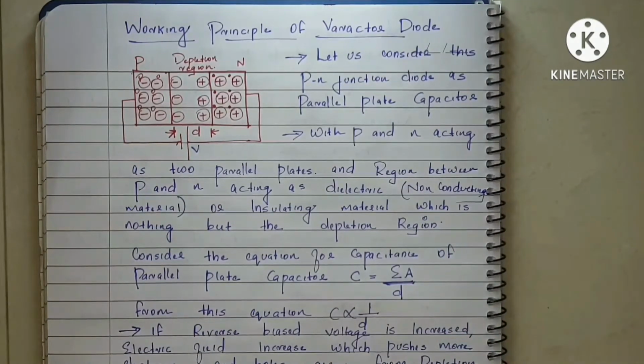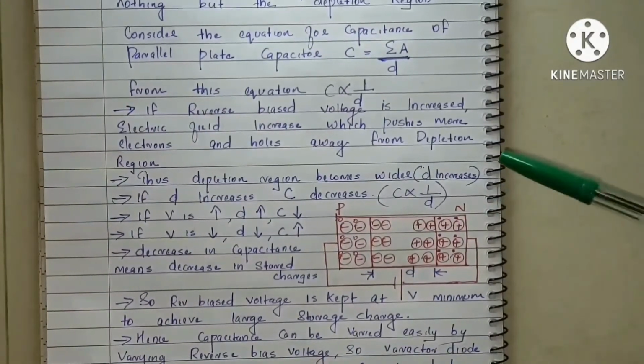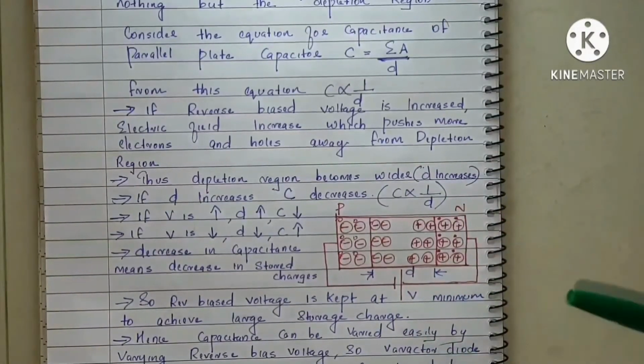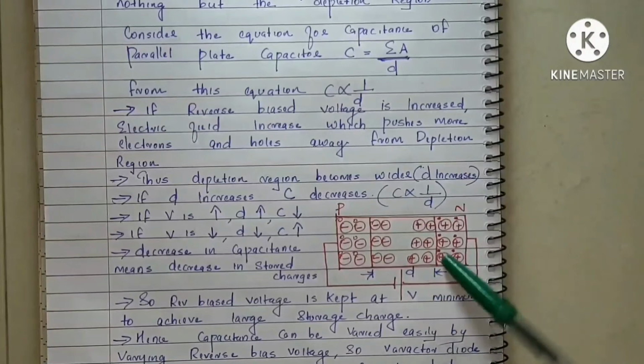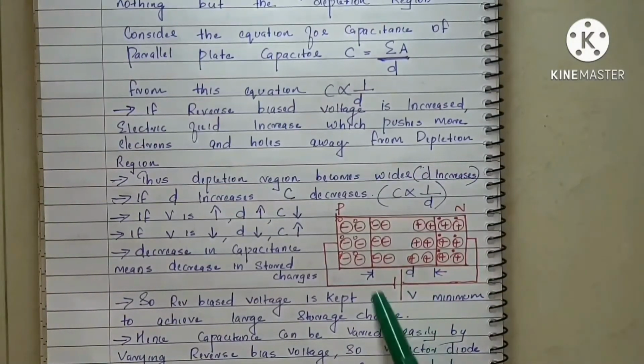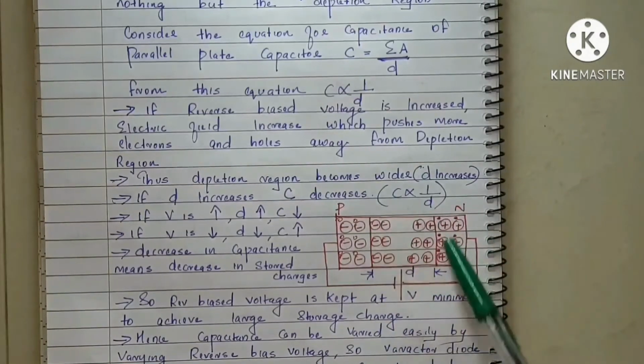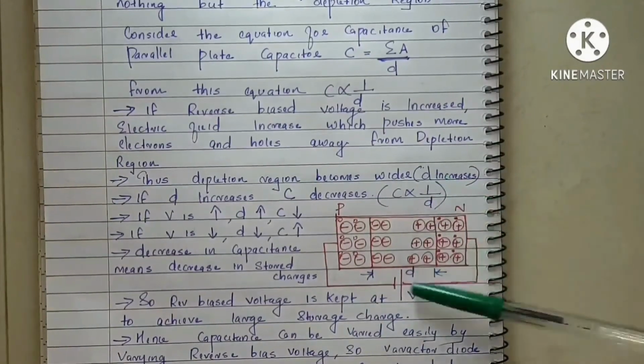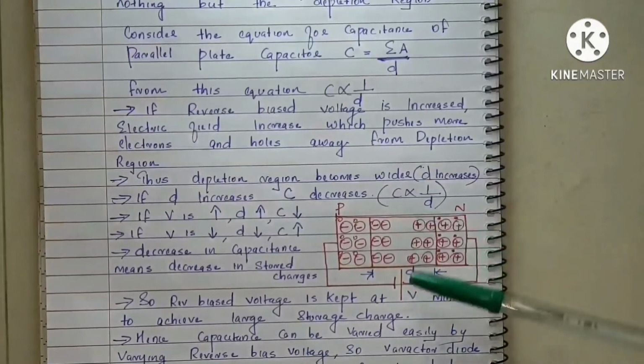between the parallel plates. We already discussed about the working principle of PN junction diode under reverse bias condition. Under reverse bias condition, if the reverse bias voltage is increased, there will be an electric field due to this reverse bias voltage. Electric field direction is from positive towards negative, and also there is a built-in electric field in the depletion region from positive ions towards negative ions. Both electric field directions are same, so the resultant electric field will increase.